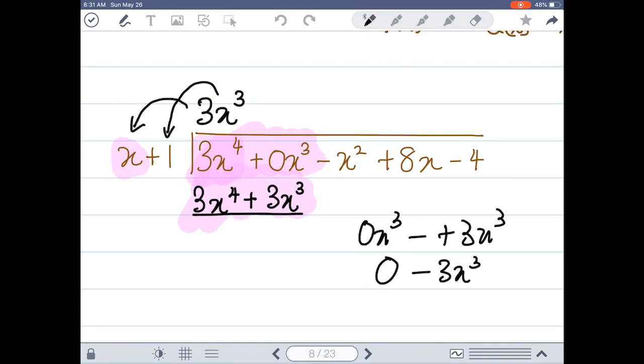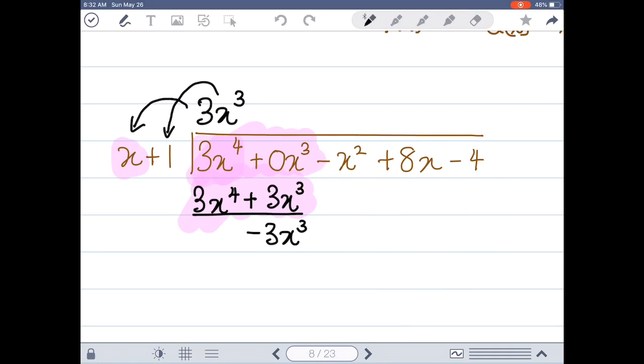So the final answer is negative 3x to the power of 3. So the remainder, the balance here, is negative 3x to the power of 3. And then we will move the next term down here, so it becomes minus x squared. Okay, done with the first part.